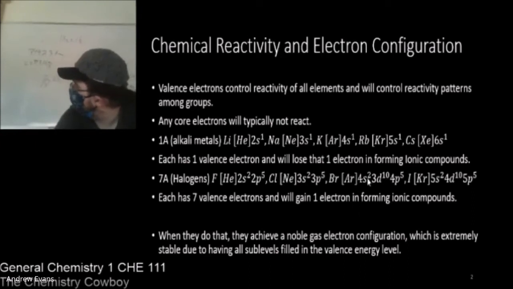Each halogen will have a total of 7 valence electrons, whether it's 2s2 2p5, 3s2 3p5, or 4s2 4p5. They're all 1 electron shy of a filled orbital, and so they'll typically want to gain 1 electron when they form ionic compounds.